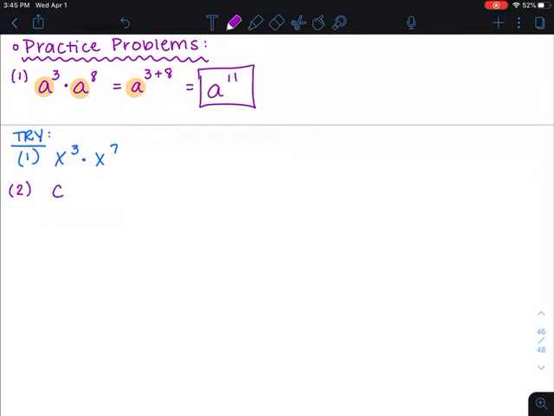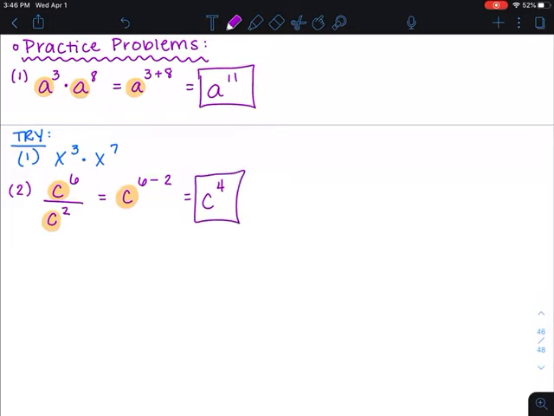Alright, number 2, we have c to the 6th power divided by c to the 2nd power. When you divide, your base is c, so you will keep your base, and then you subtract the top minus the bottom, so it would be 6 minus 2. And what is 6 minus 2? 4.